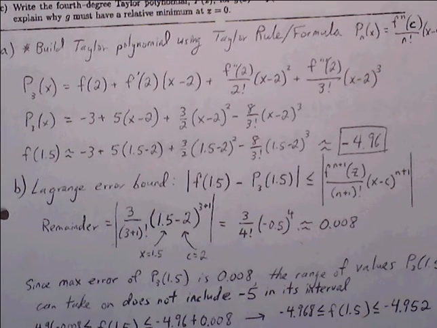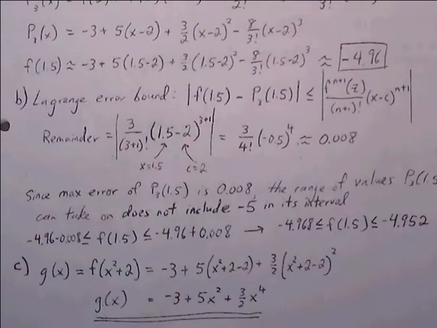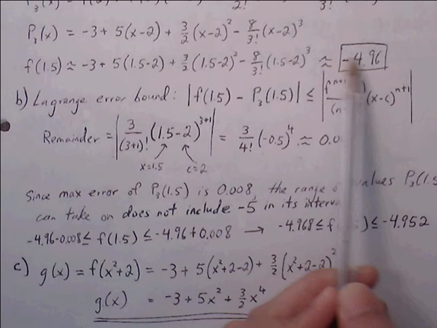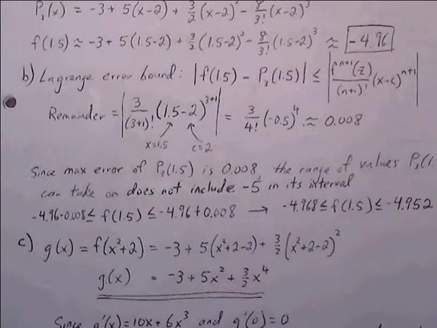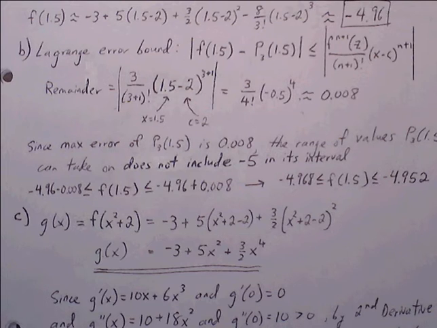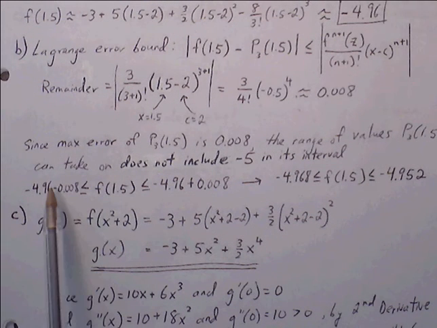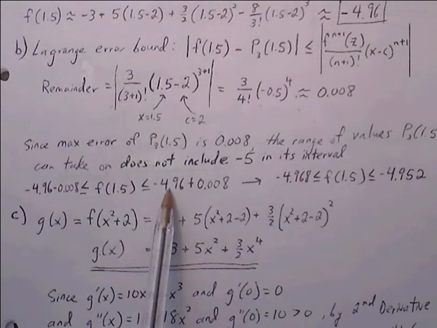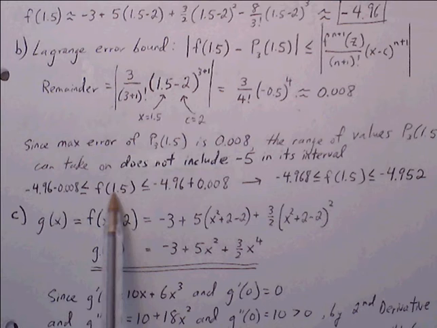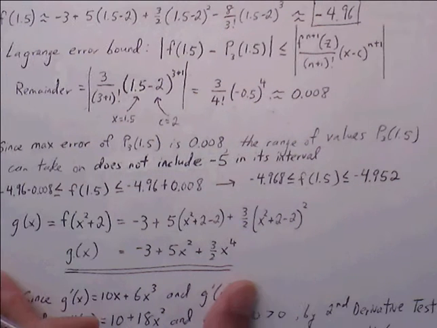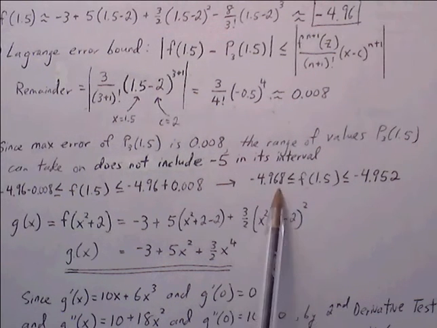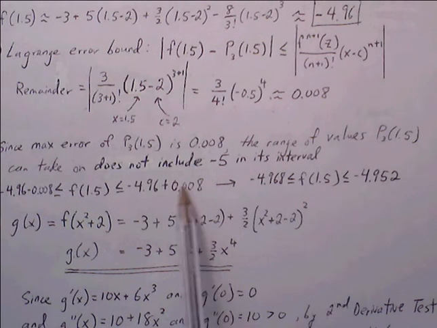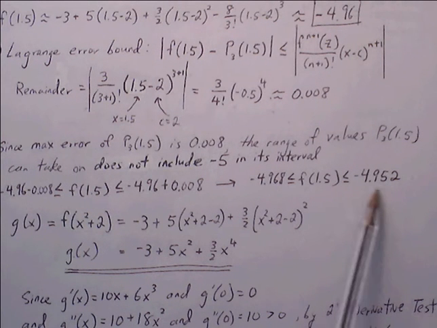And so if we create the range given the error of what these values could be, -5 does not fall into that interval. If I take my approximation, subtract 0.008, and then add 0.008, the exact value is going to sit somewhere between -4.968 and -4.952.